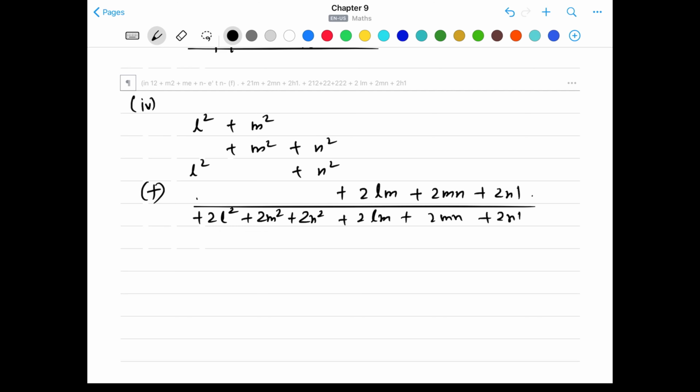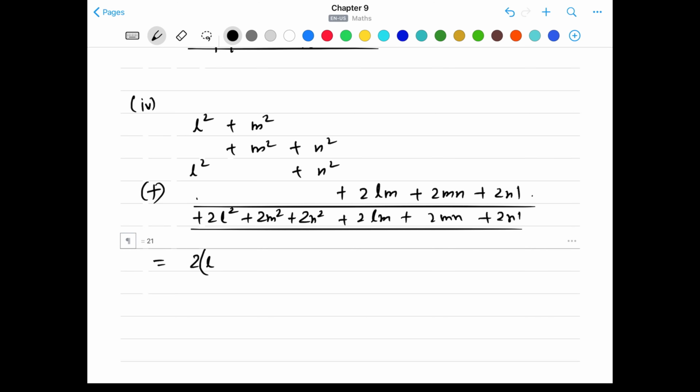So that's the answer of this term. We can write this as, taking 2 common, 2 times L square plus M square plus N square plus LM plus MN plus NL. So that's the answer for part 4 of question number 3 of exercise 9.1.